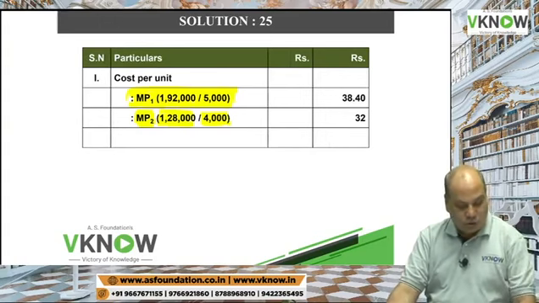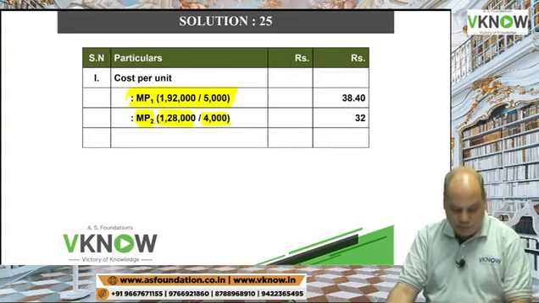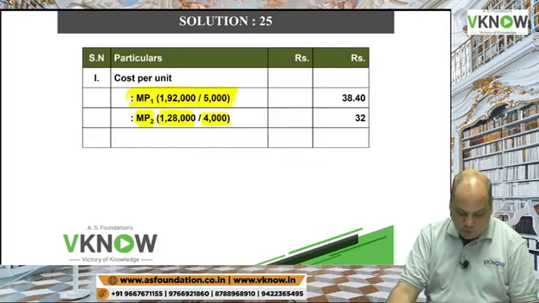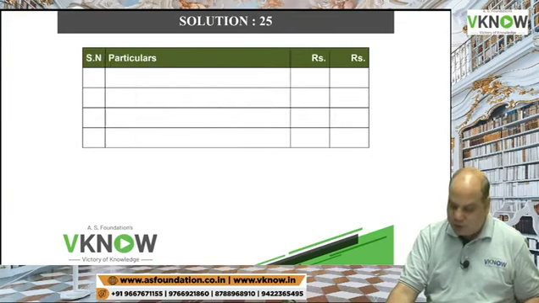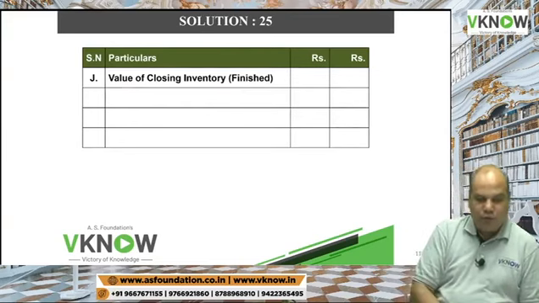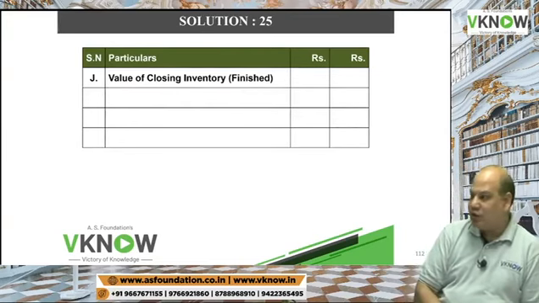Now, in your closing stock, you have some quantity. Closing stock of raw material is not there, but closing stock of finished goods is there. Aditya is right. So write down below, value of closing inventory, finished goods.